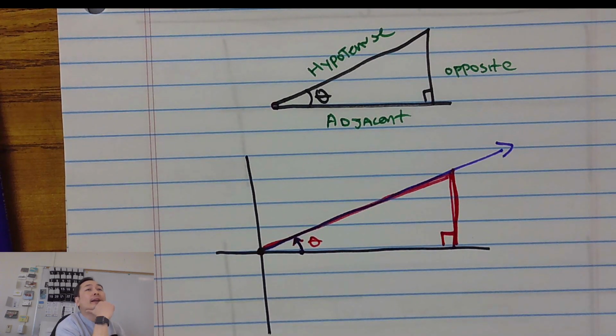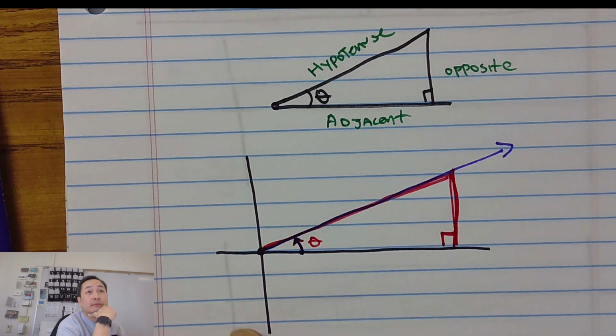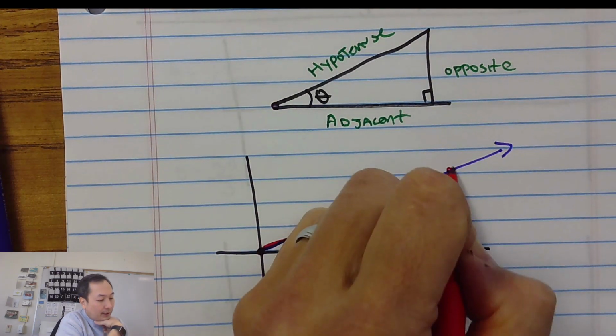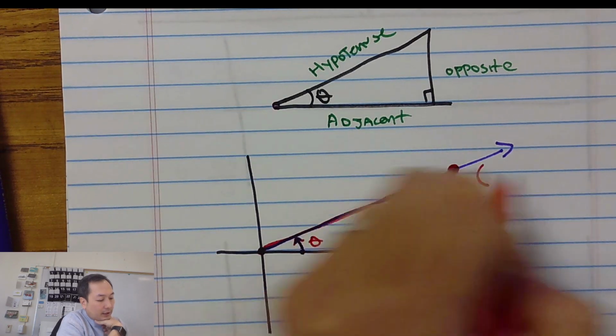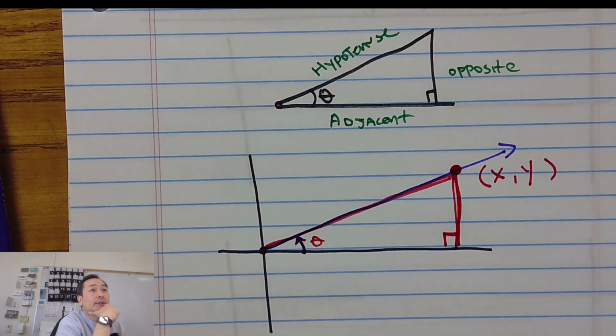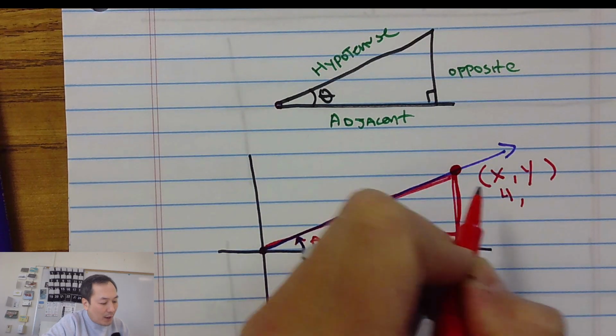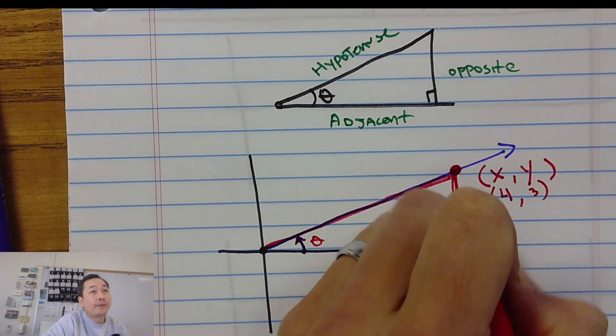Now that it's on a coordinate plane, this point here is on my coordinate plane of x comma y, correct? Let's just come up with an example. Let's say x is 4 and y is 3. Okay? 4 comma 3.